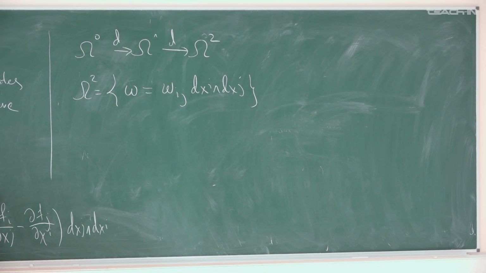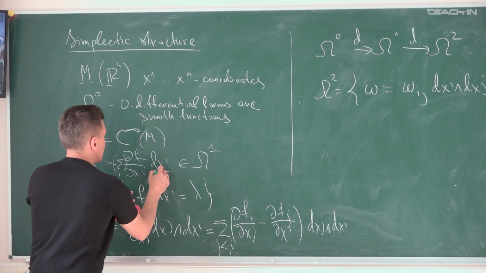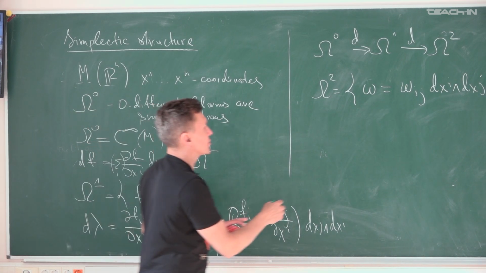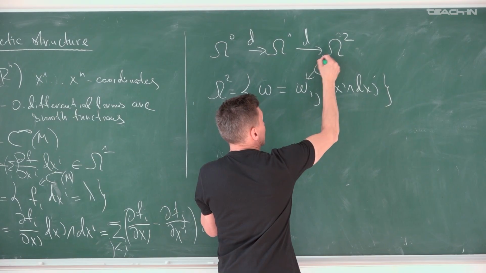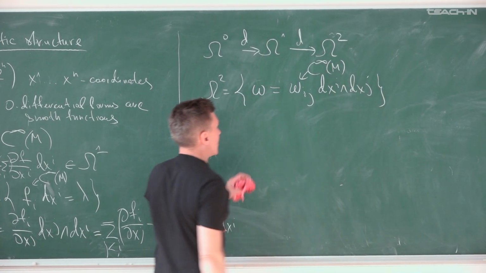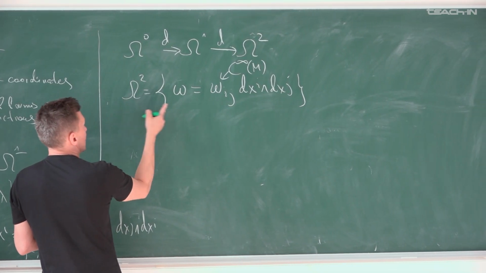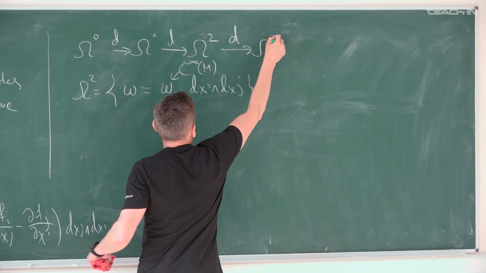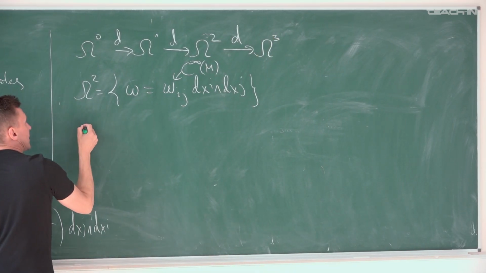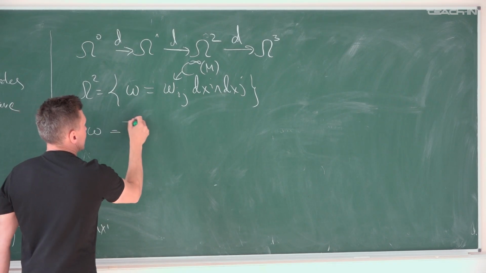In all these cases, here fi are functions on our manifold, and here omega ij are also some small functions on our manifold. And the differential on two forms, which will produce a three form, is defined as follows: it is the sum.